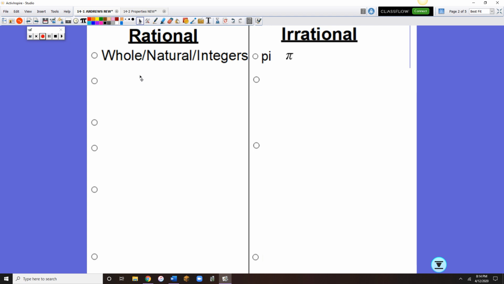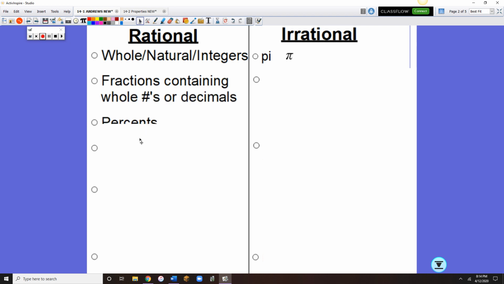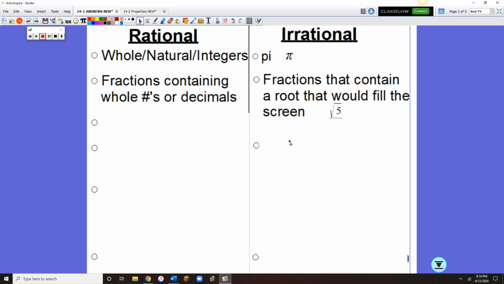Pi would be irrational. If you have a fraction that contains whole numbers or decimals, that would be rational. If your fraction contains a root that would fill the screen, like if you type in square root of 5 by itself, that's going to fill your screen. So putting it over 7 doesn't make it a rational fraction just because it's in fraction form. That would still be irrational.